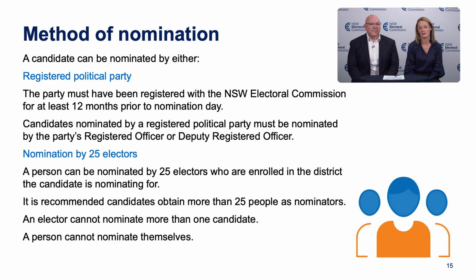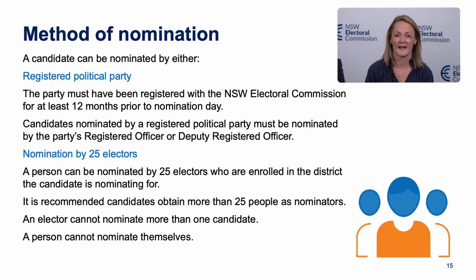A registered political party is required to be registered with the New South Wales Electoral Commission 12 months prior to nomination day. Candidates who are nominated by 25 electors are required to have at least 25 electors enrolled within the district the candidate is nominating for at the close of the roll.